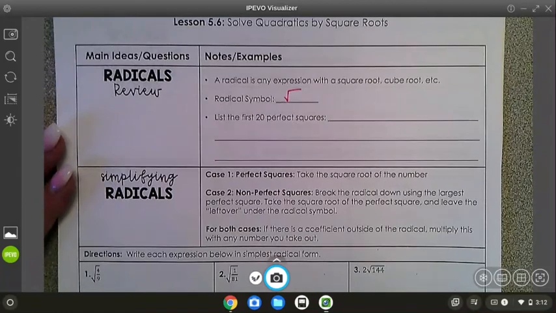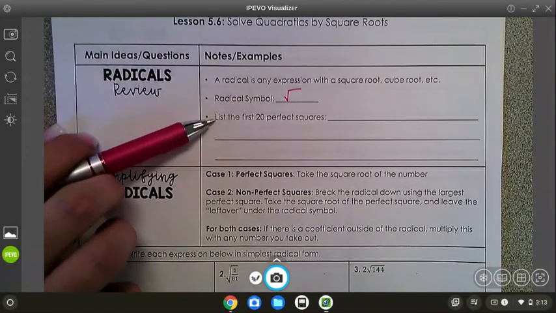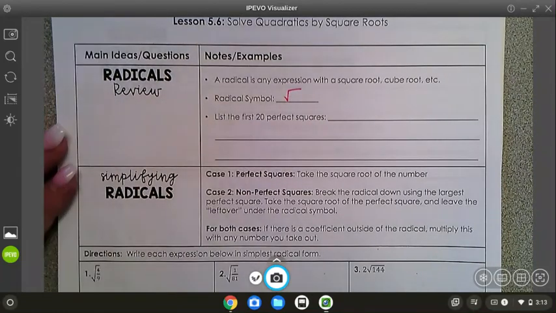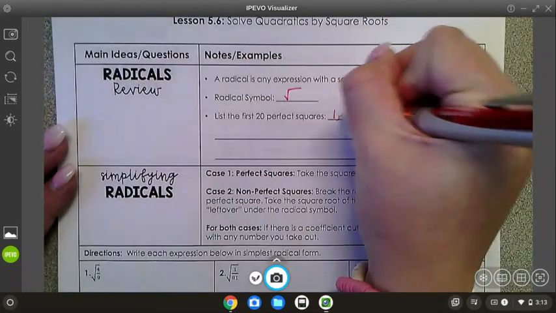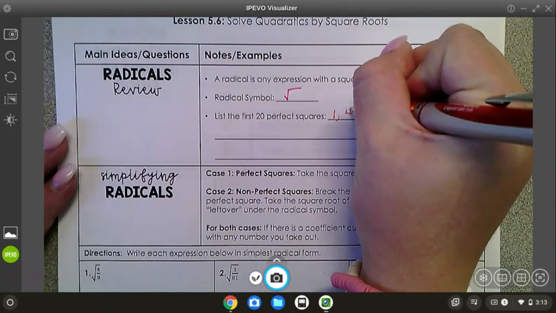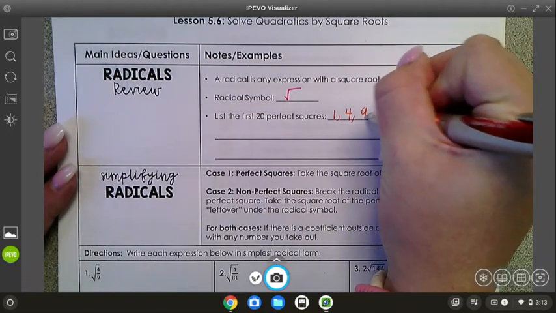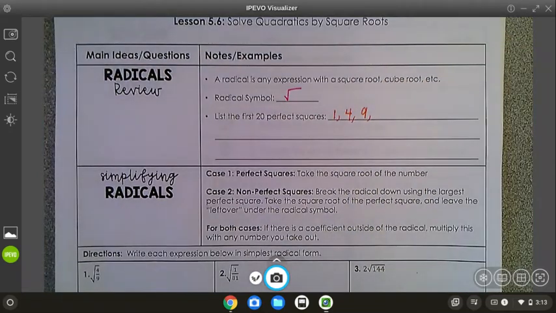So I want you to take a minute and figure out the first 20 perfect squares. So like 1, 2 times 2 is 4, 3 times 3 is 9, and so on. So go on up to 20 squared.